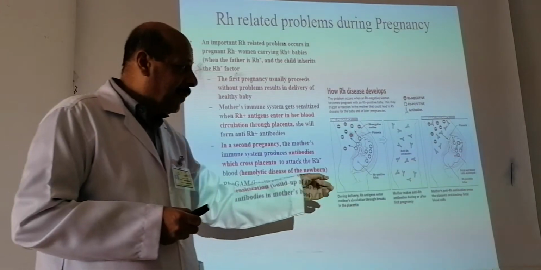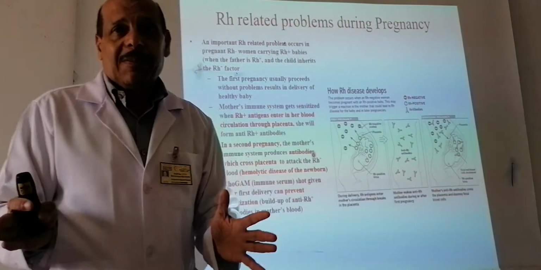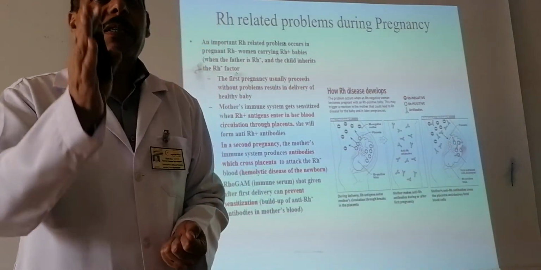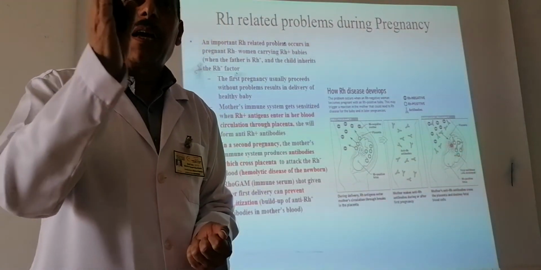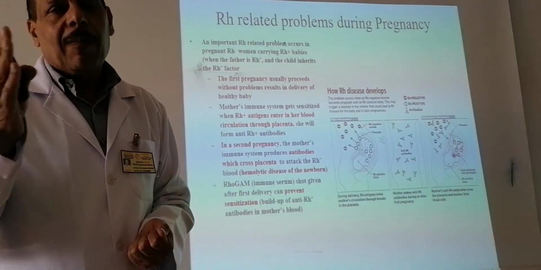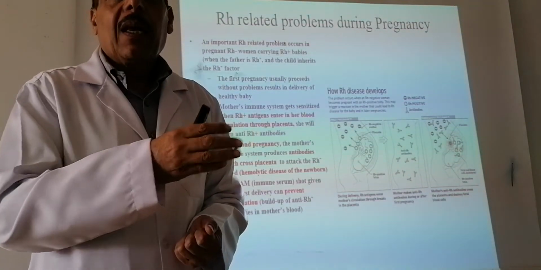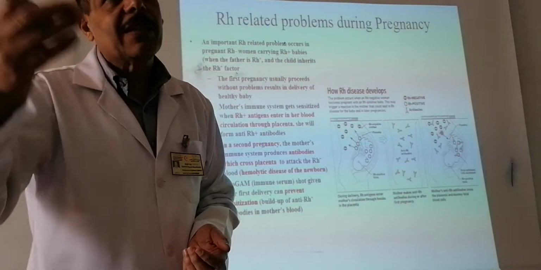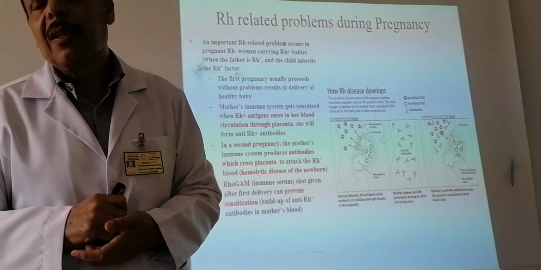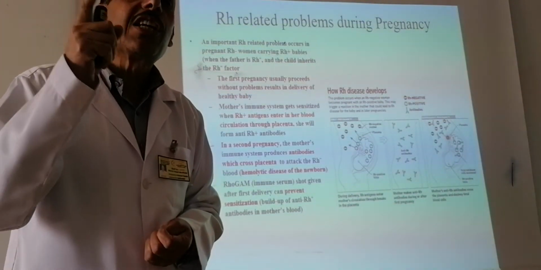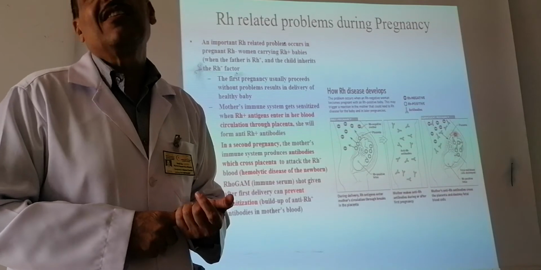Because of that, if a lady or a girl is getting married, and her husband is Rh positive and she is Rh negative, in this case, immediately after delivery she should get anti-D.